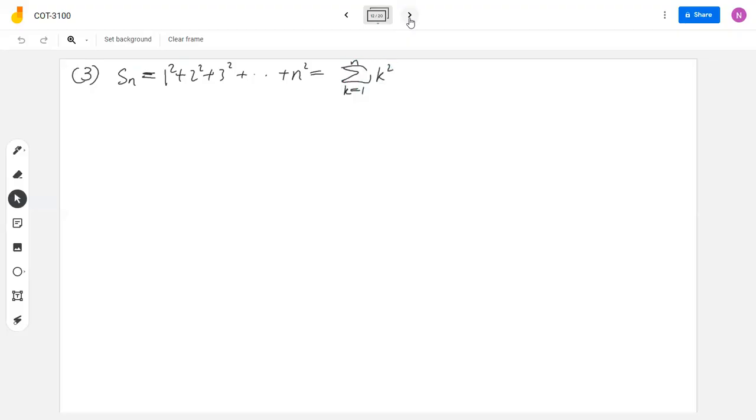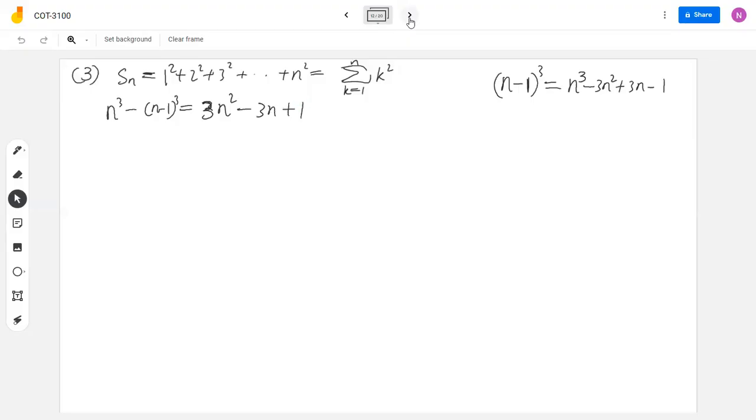So we're using the same trick, but this time we need to go to a higher polynomial. If you don't know this identity, what is n minus 1 cubed? This one is n cubed minus 3 times n squared plus 3n minus 1. Okay, now we write n cubed minus n minus 1 cubed. What we get is 3 times n squared minus 3n plus 1.